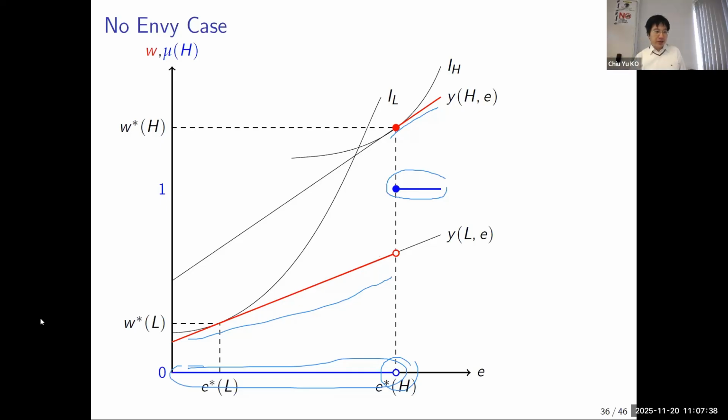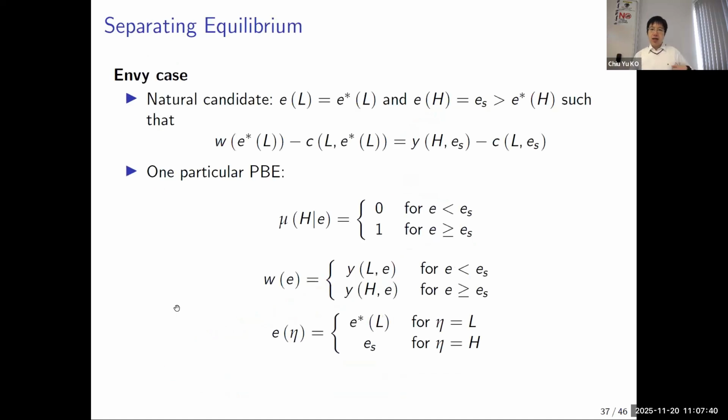The more interesting case would be what we call the envy case. What can be done? The low type can do the same as before, because they can always get the low type salary, the worst-case scenario. The only issue here is the high type.